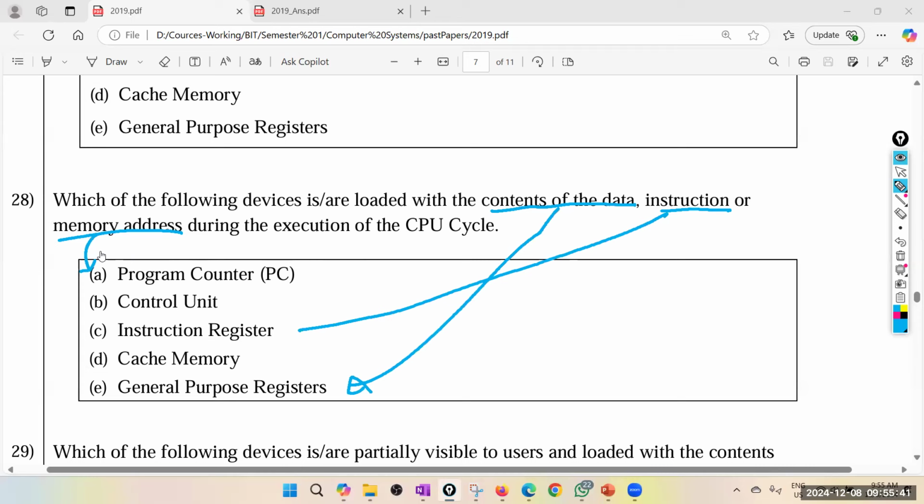And at the same time, these can be in cache memory as well. But again, I'm not very sure whether the examiner is looking for the indirect answer. But definitely not the control unit, right? The control unit is not keeping those things. Okay, so I'll go for A.